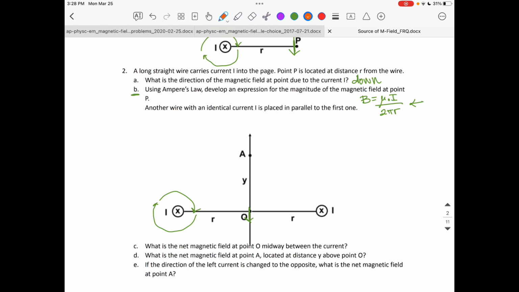And then here, as it goes into the page, it's going again in a clockwise direction. So as I expand this circle, it's going to go up at the origin. So you're going to see here that the net magnetic field is actually 0 because the current is the same and they're an equal distance away from the origin. So that means the magnetic field is going to be equal and opposite.